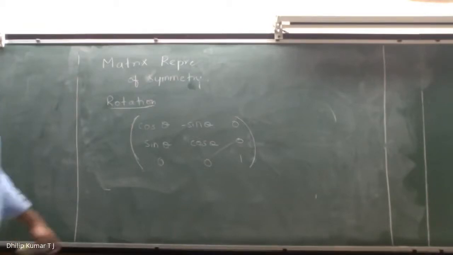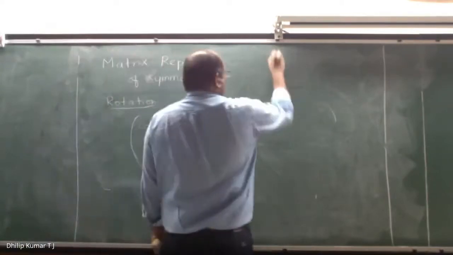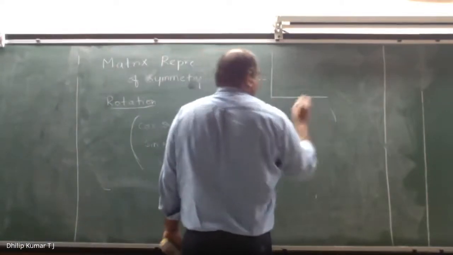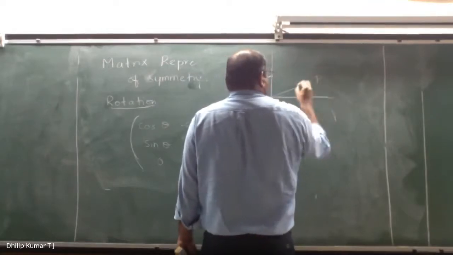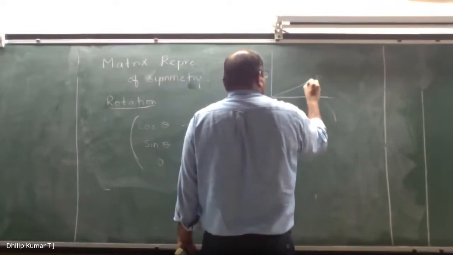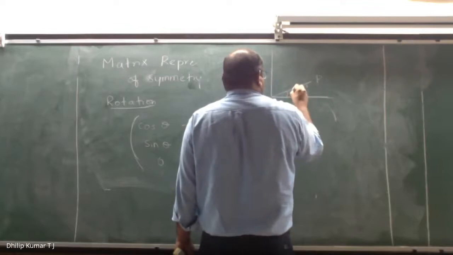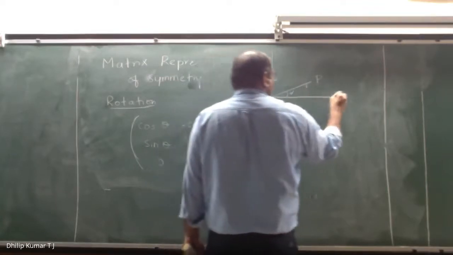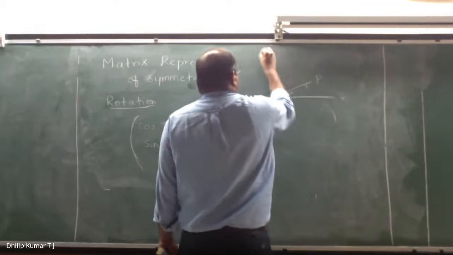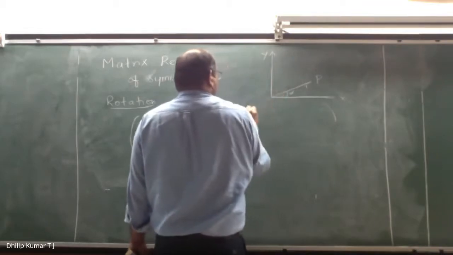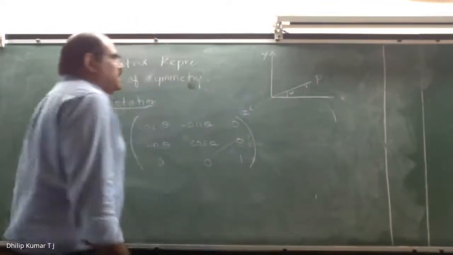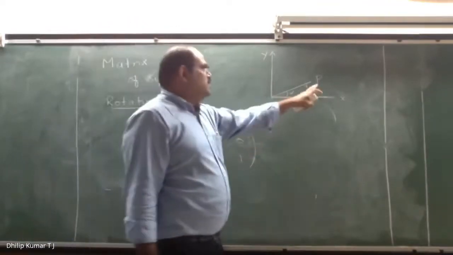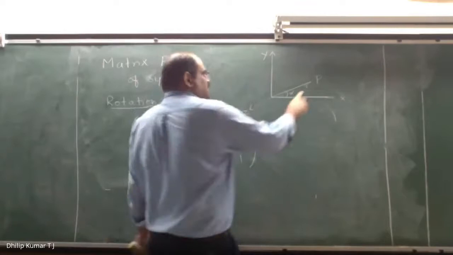How do you get this? Let me derive it. Say this is point P, and say this is R, at an angle alpha. Let P be a point, and R is a vector.